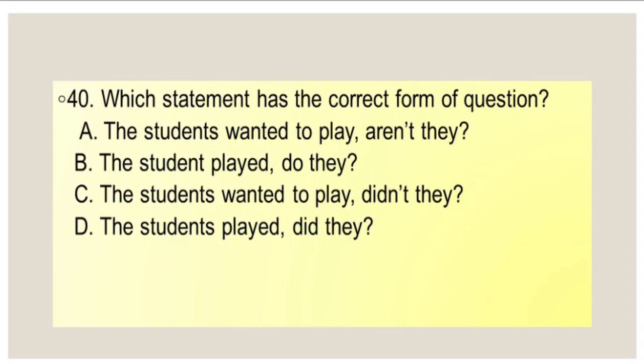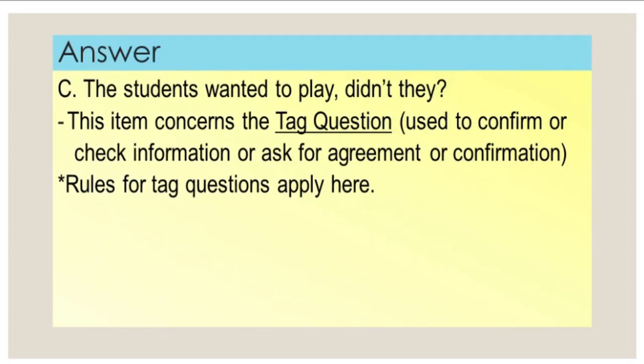Number 40. What statement has the correct form of question? Among the four, they end with a question mark, right? And you see, the options have statements and questions. We are talking about the tag question. So the item concerns the tag question. What is a tag question? It is actually a question or a sentence used to confirm or check information or ask for agreement, of course, for confirmation.